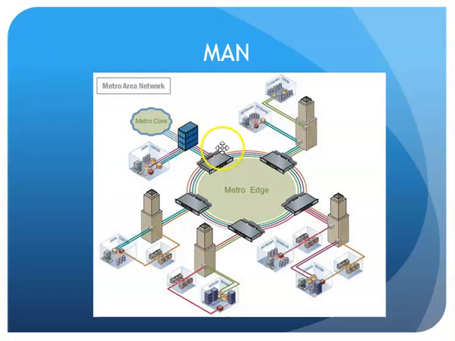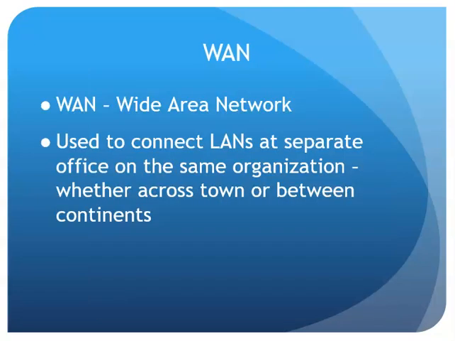They might be using fiber optic connections between those buildings. They might even be using wireless, microwave connections between the buildings to create this metropolitan area network, so that I can communicate from the Department of Agriculture to the Department of Transportation.